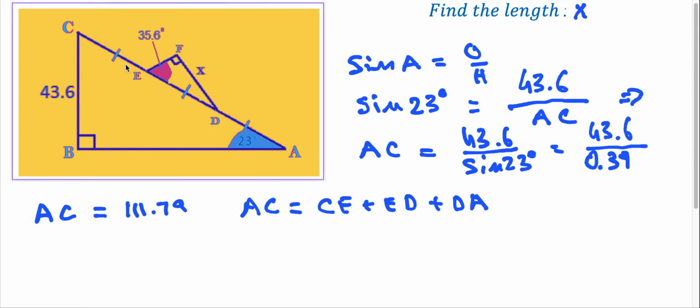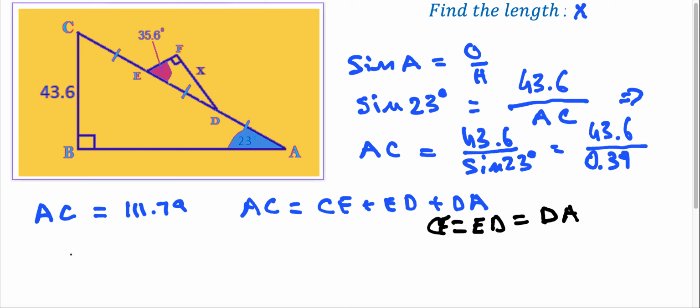But if we are looking here, for instance, all three segments here are congruent. It means they are equal, in other words, all these measurements are equal. And CE is equal with ED and is equal with DA.